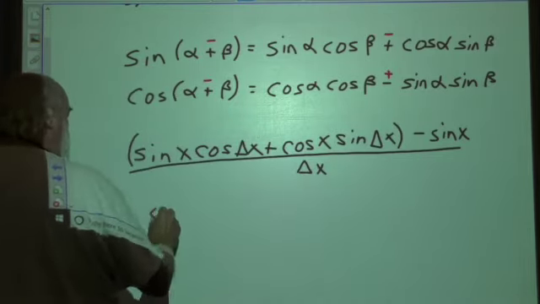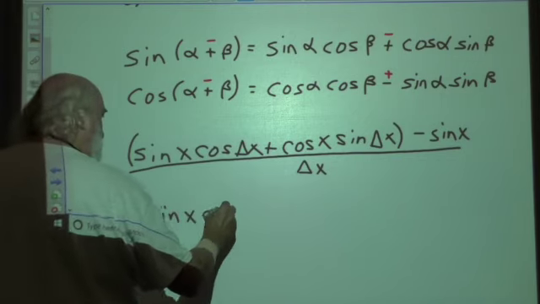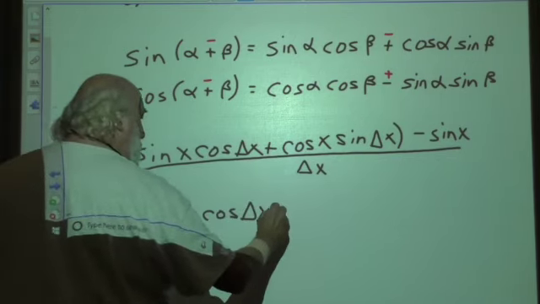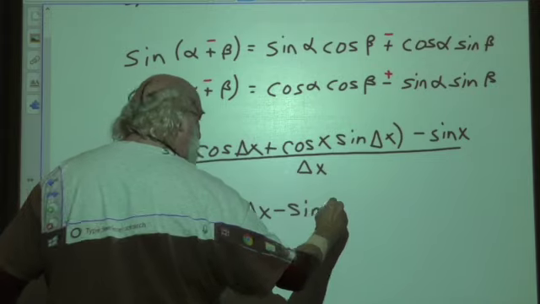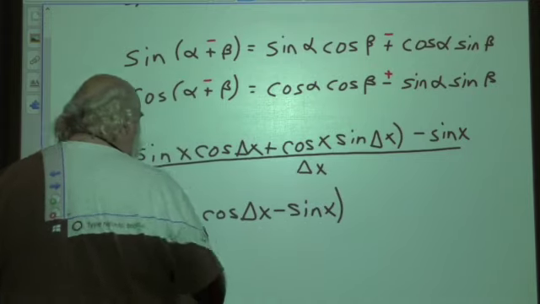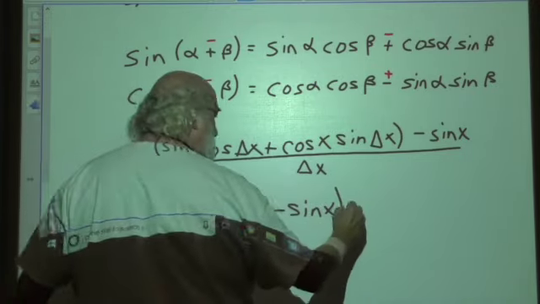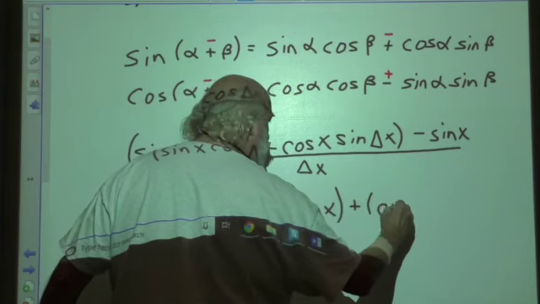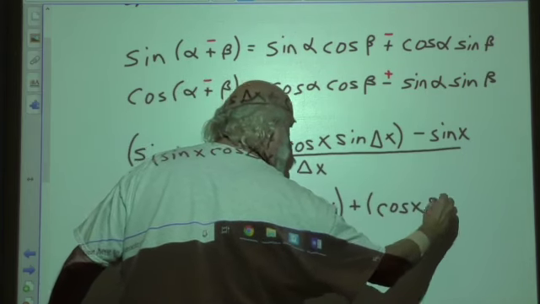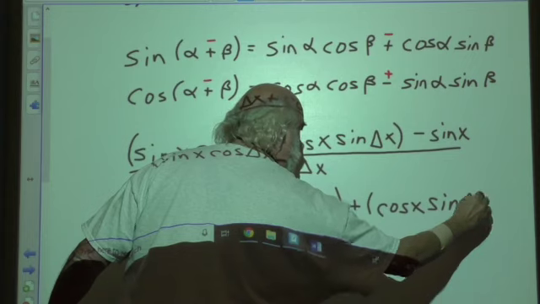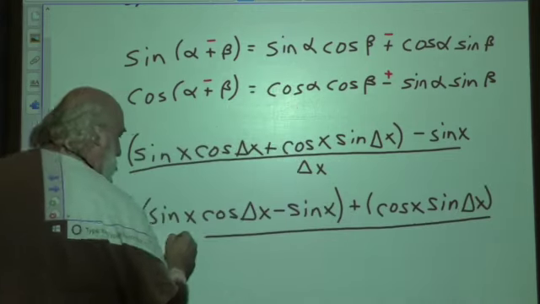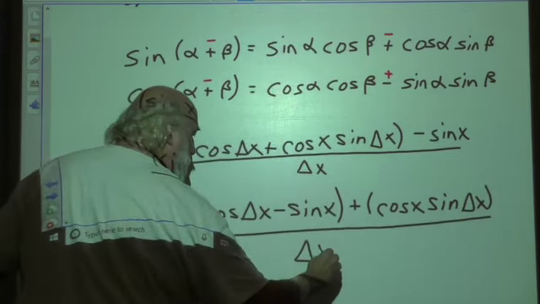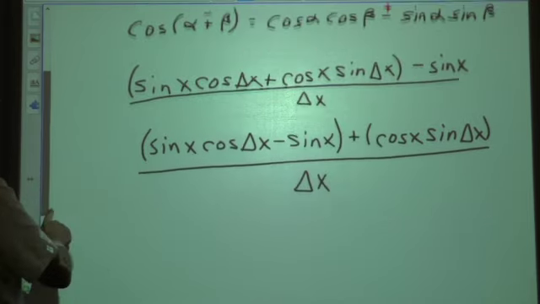So this becomes sine x cosine delta x minus sine x, and I'm going to separate that from cosine x sine delta x, and that still is all over delta x.